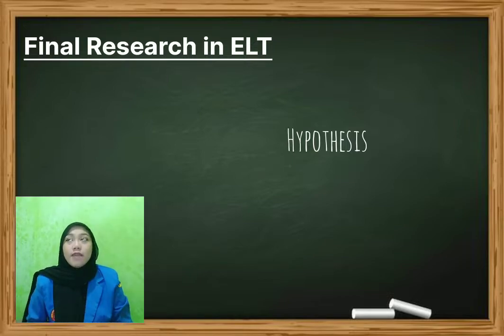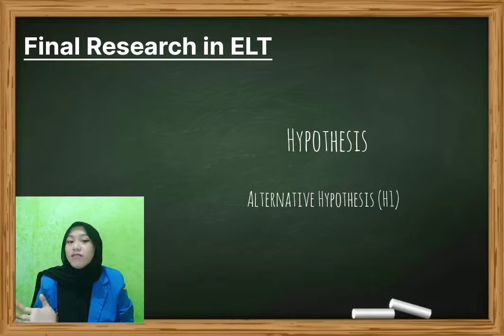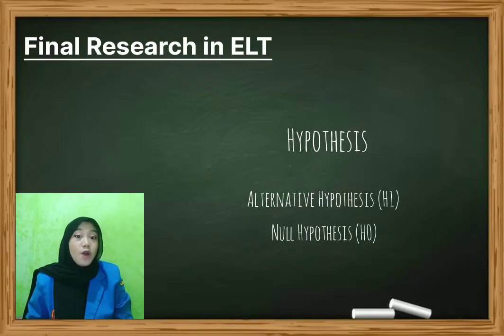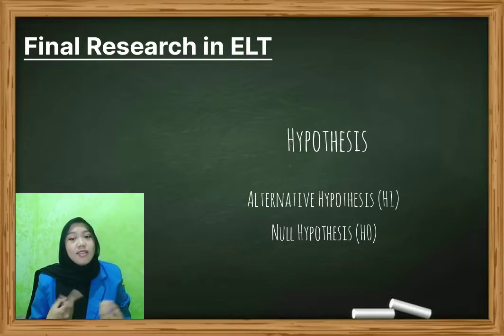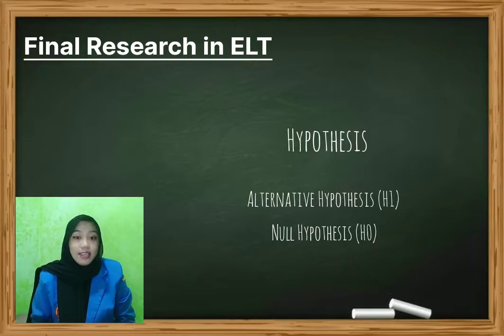So hypothesis can be divided into two kinds. There are alternative hypothesis and null hypothesis. Okay, to know what is alternative hypothesis and null hypothesis, we have to determine the hypothesis of the research. The research is improving student speaking skill using English song at 11th grade student of SMA Negeri 5 Palu.